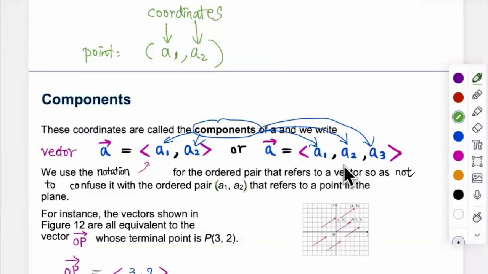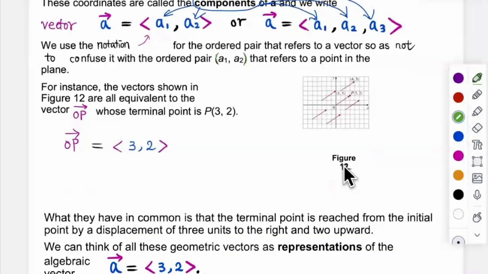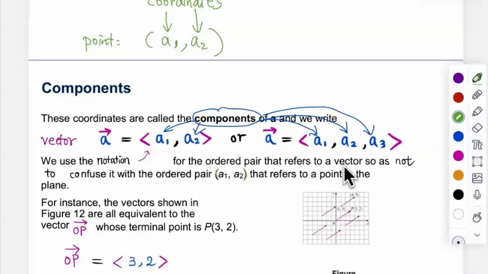So for points, those are called coordinates. For vectors, those are called components. So the first coordinate, second coordinate, those are for points, and the first component, second component, those are for vectors.